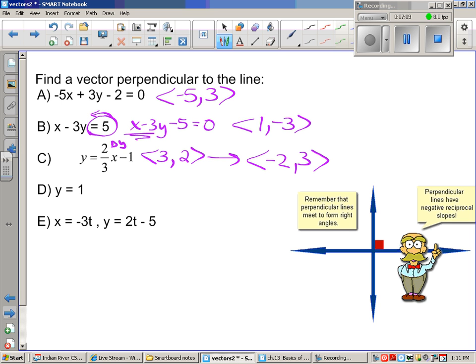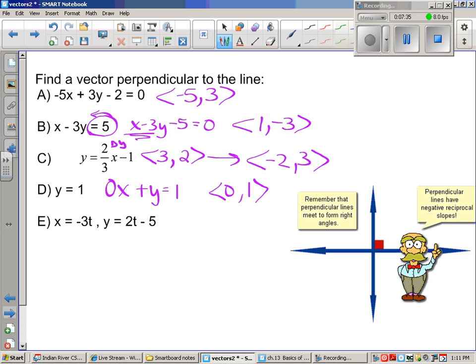All right, this next one here is tricky. When you look at y equals 1, understand what this is really saying is 0x plus y equals 1. So that basically says the vector is 0, 1. And this is in the general form, which is kind of lovely, actually. And so there's my perpendicular one.